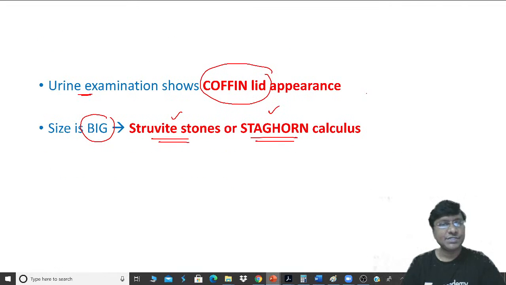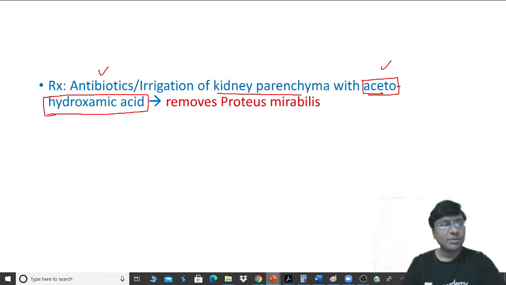In urine examination, you will have coffin lid appearance. Because Proteus mirabilis is the responsible organism, the treatment is antibiotics or irrigation of the kidney parenchyma with acetohydroxamic acid. That is how you treat triple phosphate stones or Staghorn calculi. Okay, right. Now we will move on to the next question.